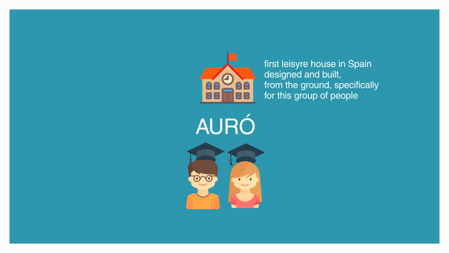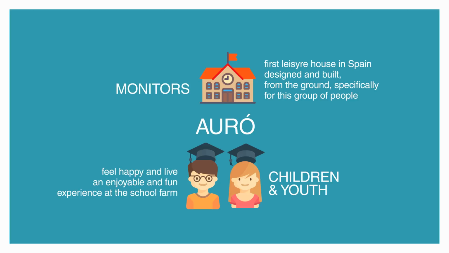The value proposition that Lauro makes to its clients is that both users, children and youth, and prescribers, monitors, feel happy and live an enjoyable and fun experience at the school farm, a place that takes care of all the details so that people with special educational needs can feel at home. As you see, customer segments and value proposition are closely linked.